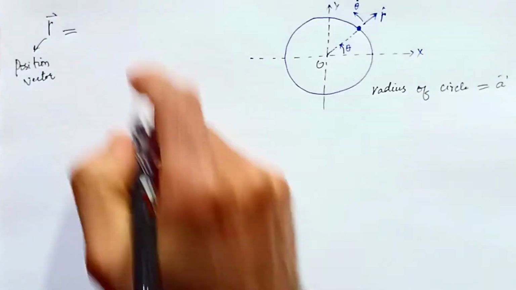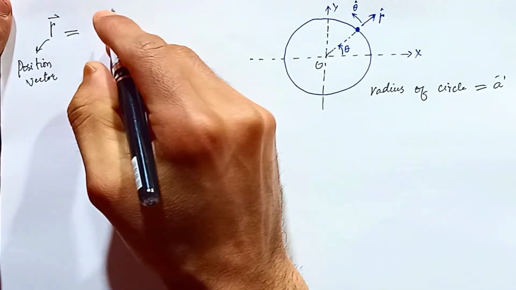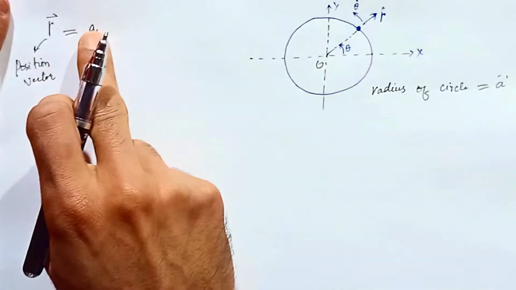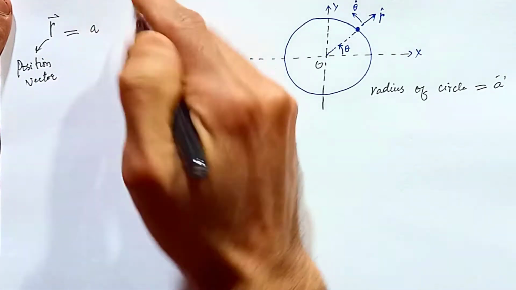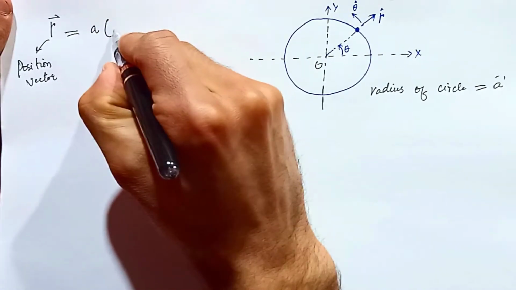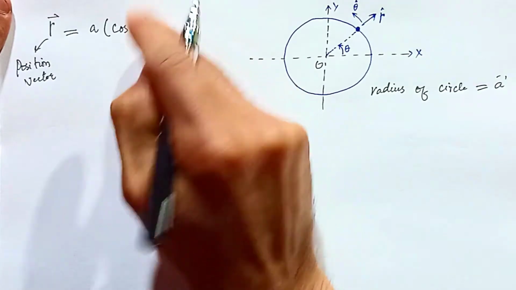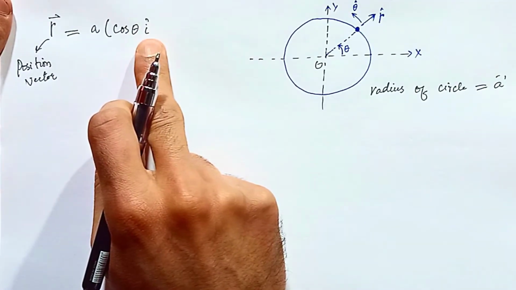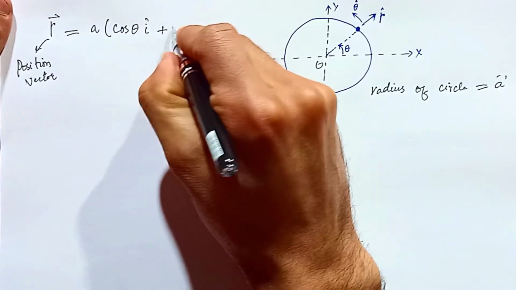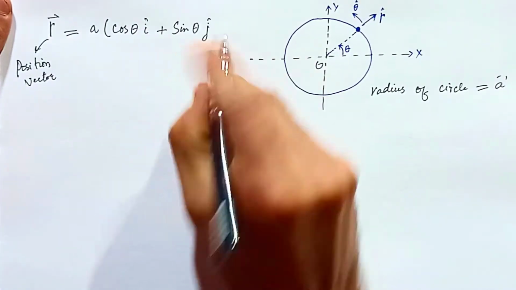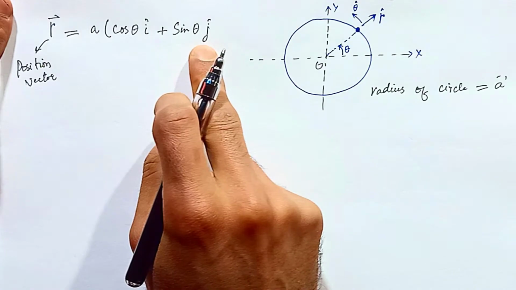So the vector r is equal to a, the magnitude of the vector, multiplied by cosine theta i, where i is the unit vector along the x-axis, plus sine theta j, where j is the unit vector along the y-axis.